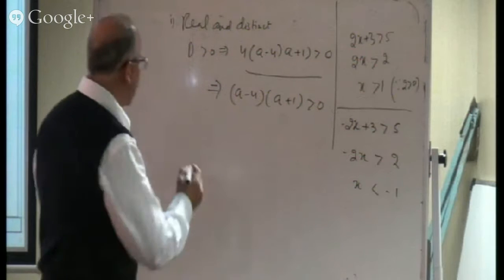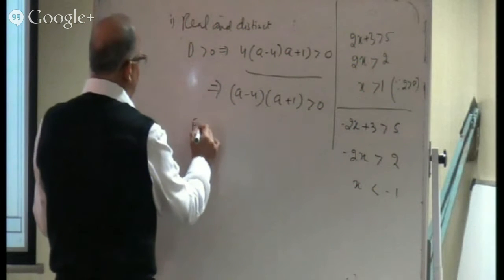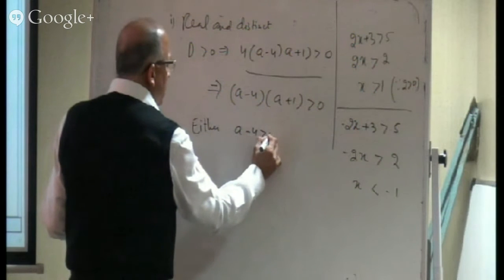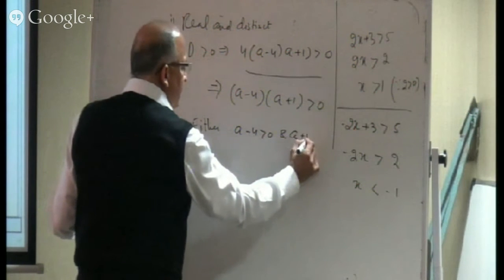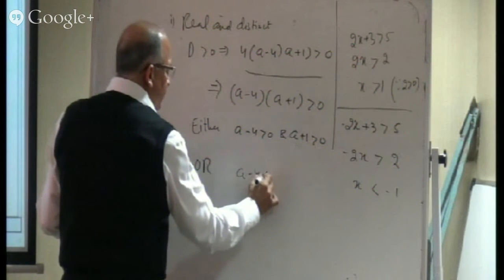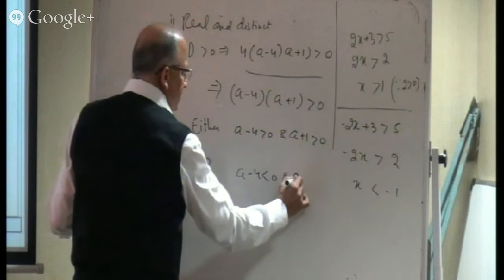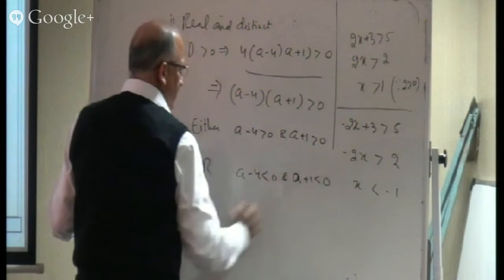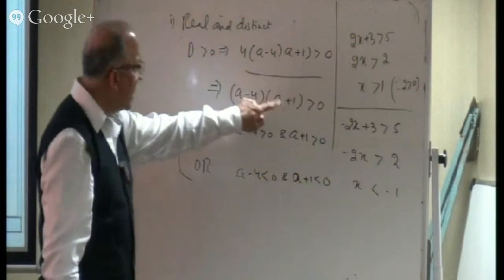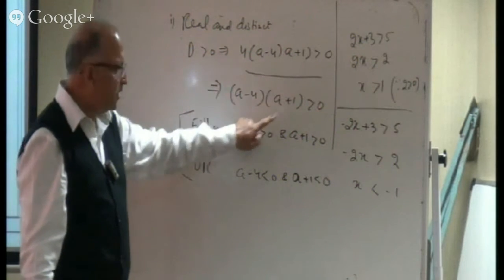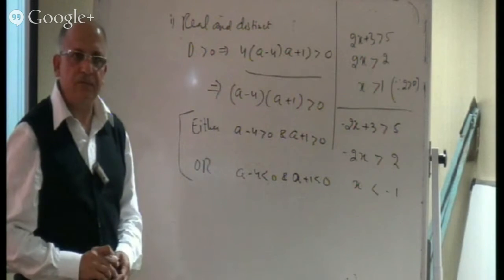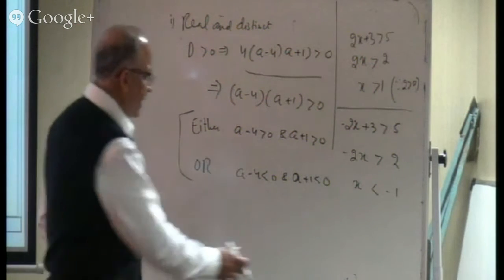So there are two cases: either a minus 4 is greater than 0 and a plus 1 is greater than 0, or both of them are negative. This should be positive and this should be positive, or this should be negative and this should be negative.